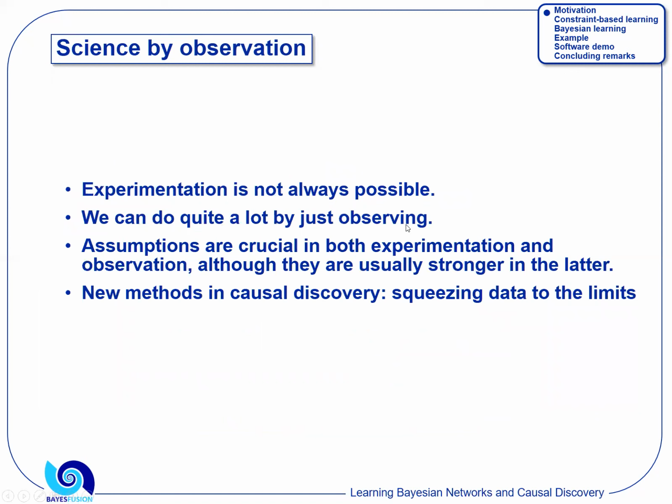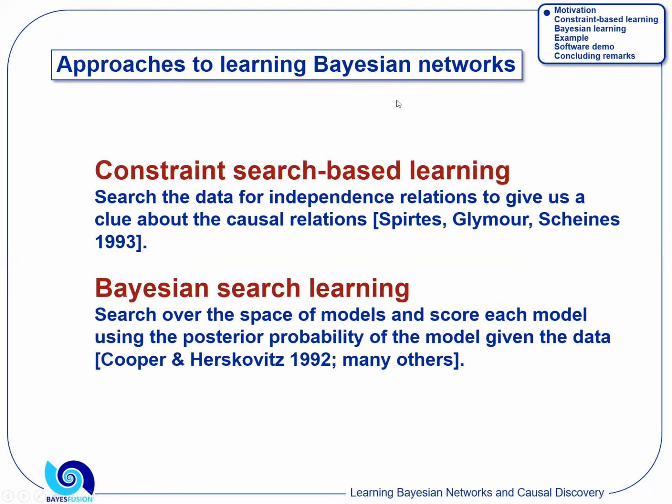In both experimentation and observation, we need assumptions. Assumptions in the case of causal discovery from data need to be stronger because it's a less powerful tool. The new methods are squeezing the data to the limits, really to the limits. Well, there may be other limits, but we don't know.